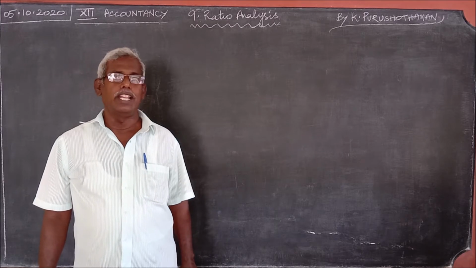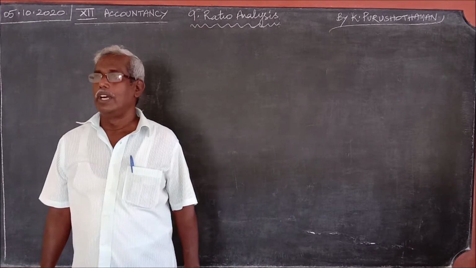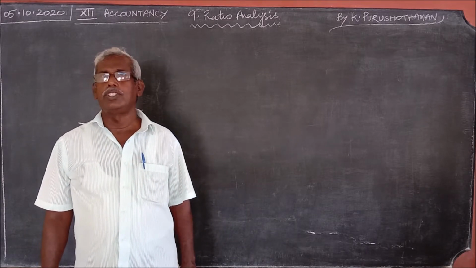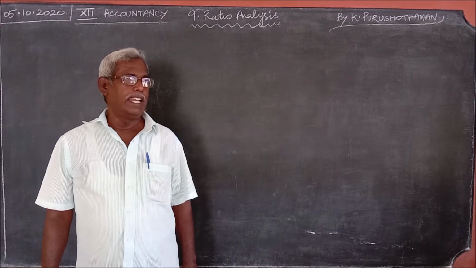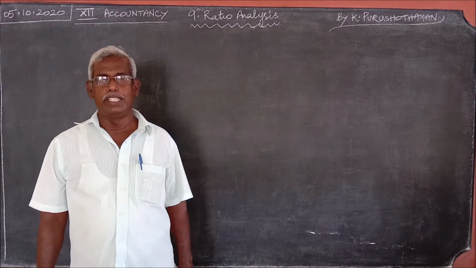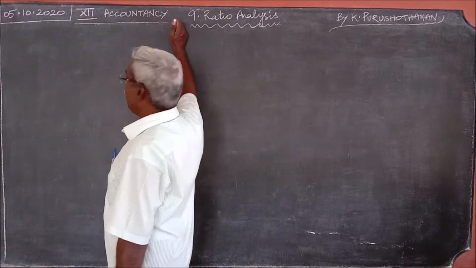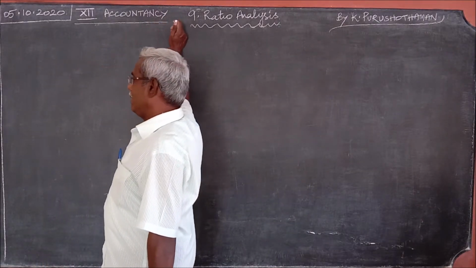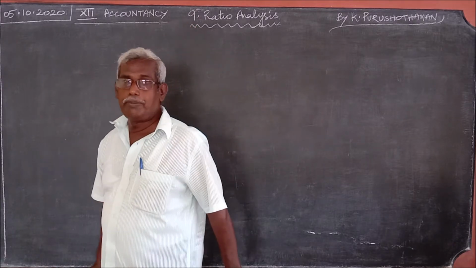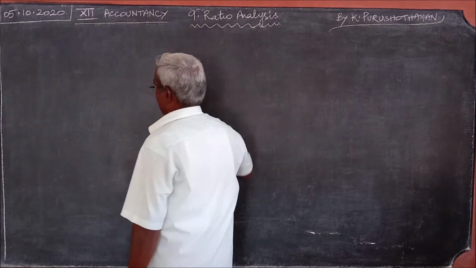Fourth, cash flow analysis. Fifth, fund flow analysis. These were the 5 methods of analyzing the financial statements that we saw under chapter number 8. We have completed chapter 8, and now we have passed on to chapter number 9, which is ratio analysis.